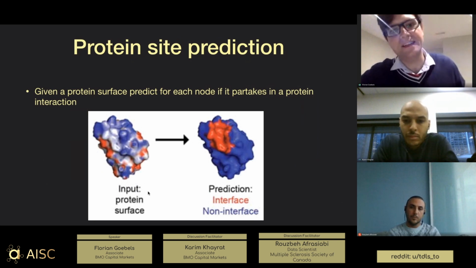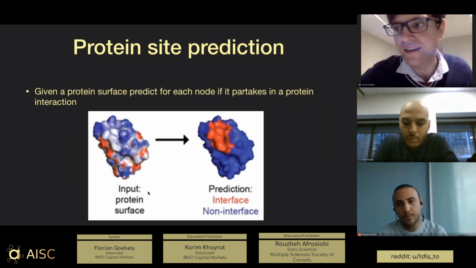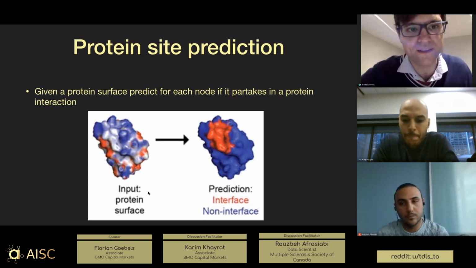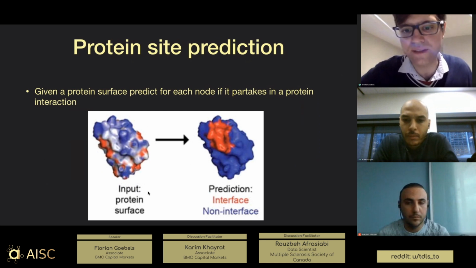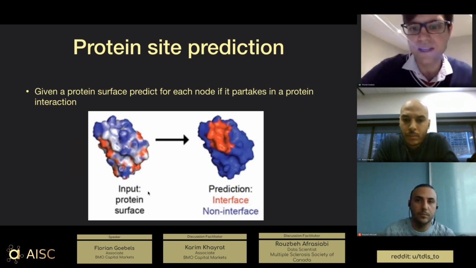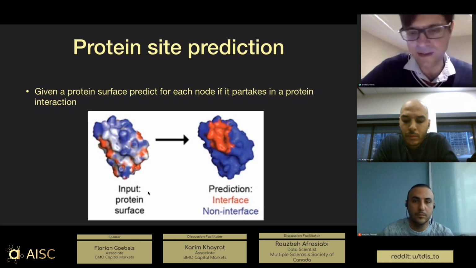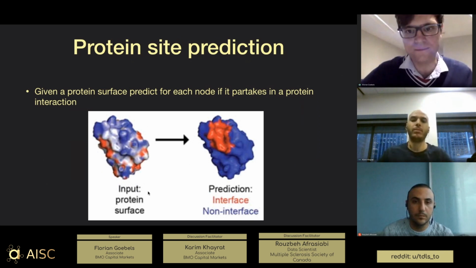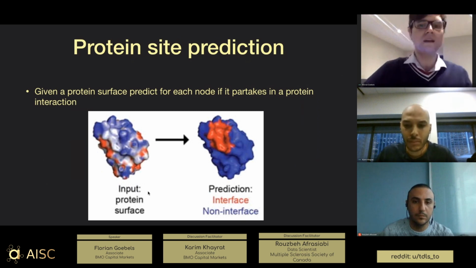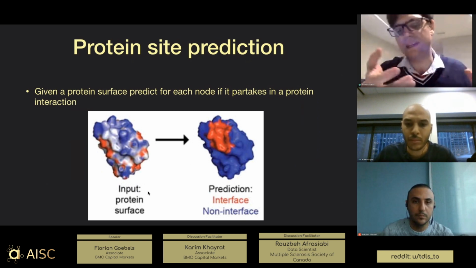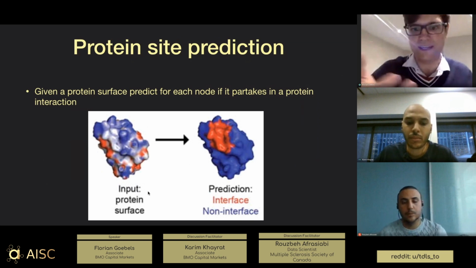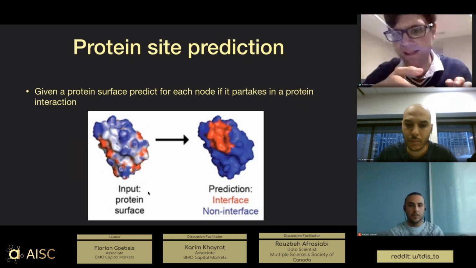So this leads us to the next test they did, or next proof of concept they did. So they want to predict protein surface. So given a protein surface, predict if that surface is interacting or non-interacting. And with interacting, you have to think about, like I said before, those proteins, they interact with each other, they form protein complexes.